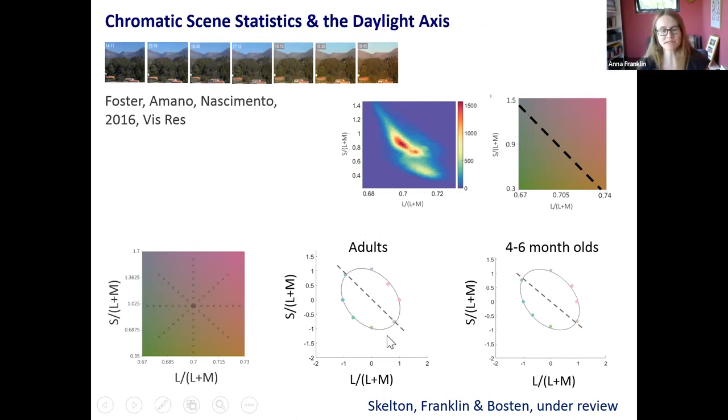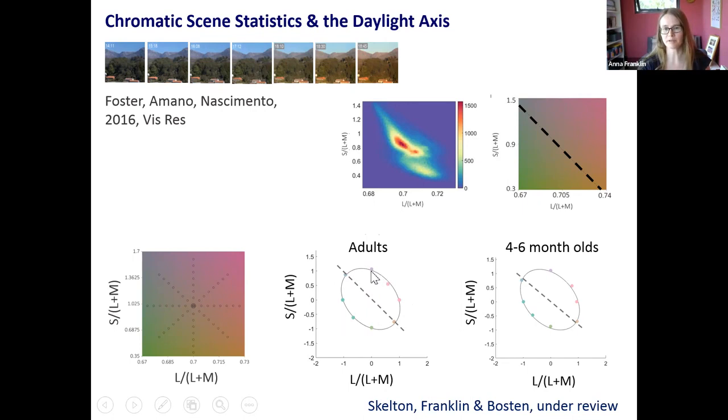Now, we know from several studies that adult sensitivity to colour also relates to this daylight blue-yellow axis. So here we've got some data that we collected from adults, and their saturation thresholds for 8 hues were measured.